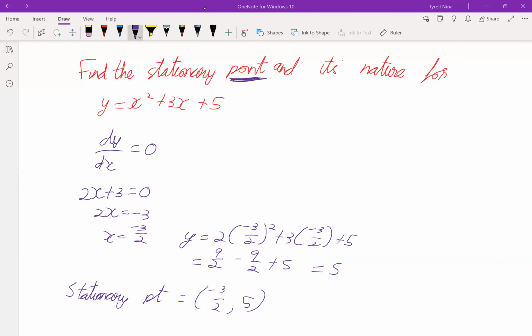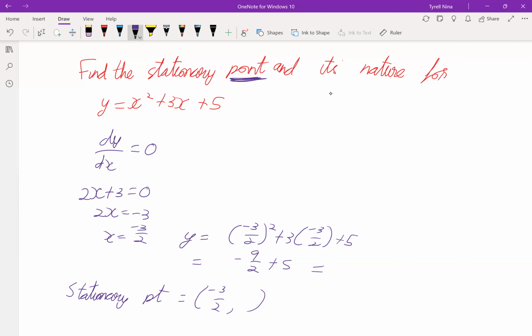Where did I get the 2 from? X squared plus 3x plus... oh, yeah. Don't know why. Right, so this is... oh, I know why.